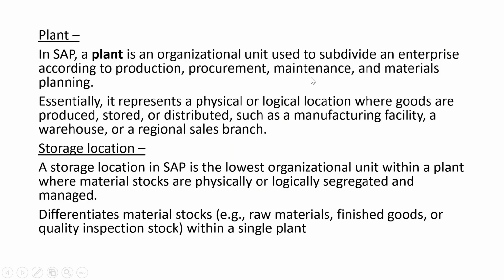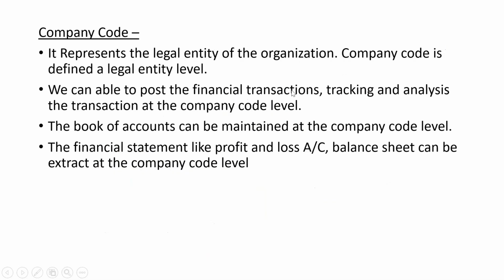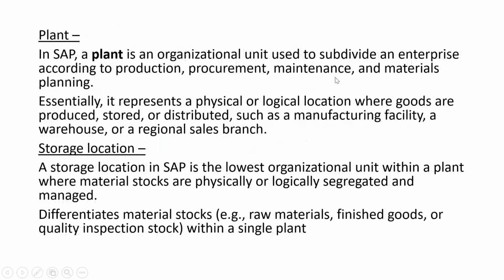So maintenance, let's say we have different car service centers, and if it is Tata officially operated, those service centers can be called as maintenance plant. They are again mapped under Tata Automobile Company Code. Okay.